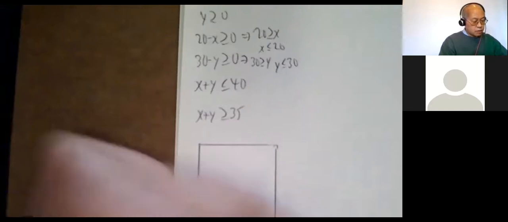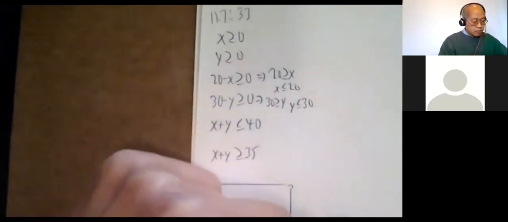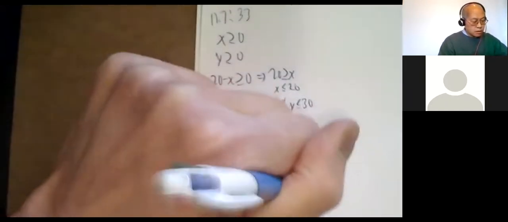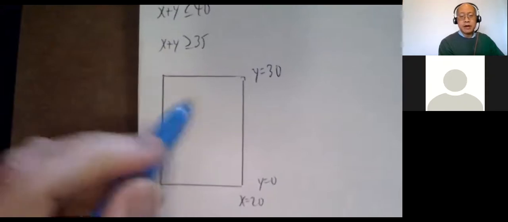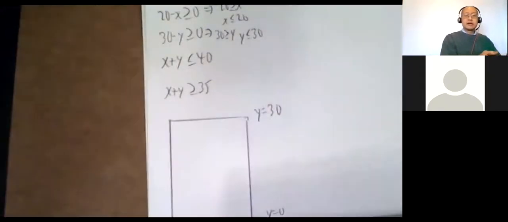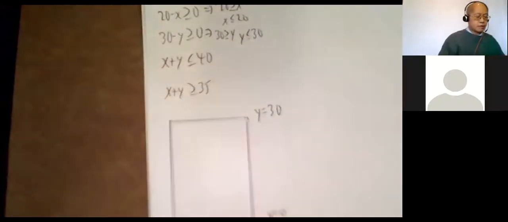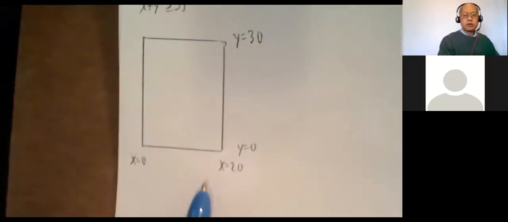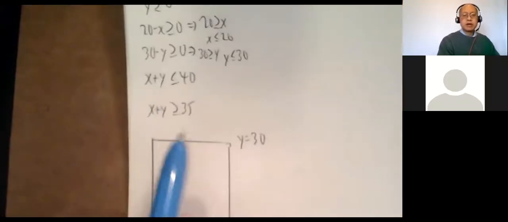This is X equals 20. Y equals 0. Y equals 30. So the first 4 basically just tell me I'm in a box. If you happen to have a graphing calculator, it's like just a view of your graphing calculator. X is between 0 and 20, Y is between 0 and 30.